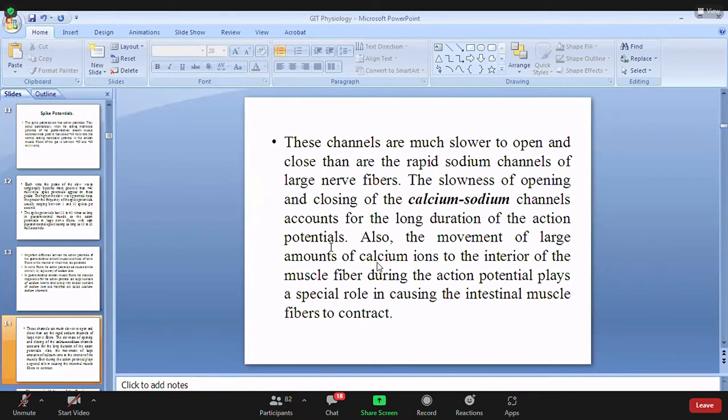That's why it is called the calcium-sodium channel. These channels are much slower to open and close than the rapid sodium channels of the nerve fiber. That slowness accounts for the long duration of the action potential. Also the movement of a large amount of calcium ion to the interior of the muscle fiber during the action potential plays an important role in causing the intestinal muscle fibers to contract.